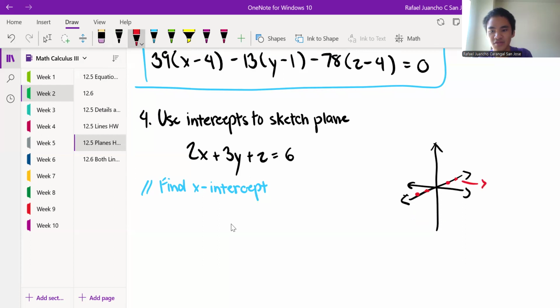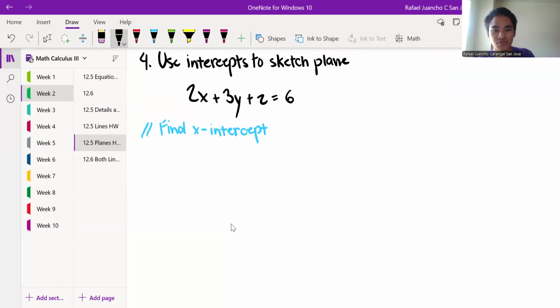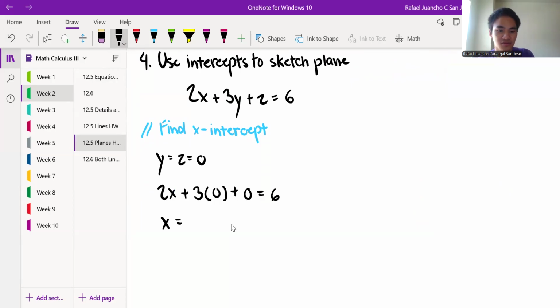So we're saying any of these points is just some x, but y and z are 0. So we apply that: 2x equals 6, and so we get x is equal to 3. Divide both sides by 2: x equals 6 divided by 2, we get 3.